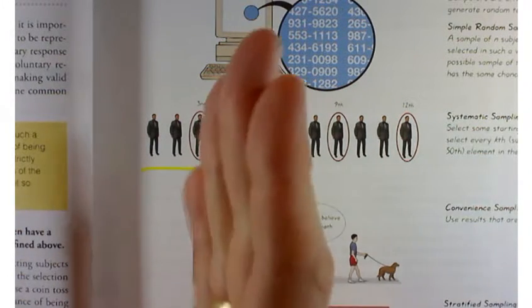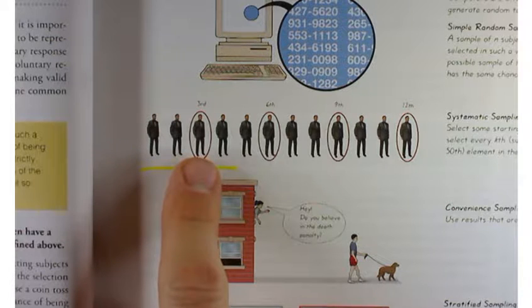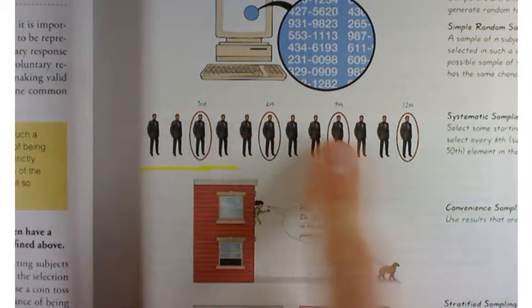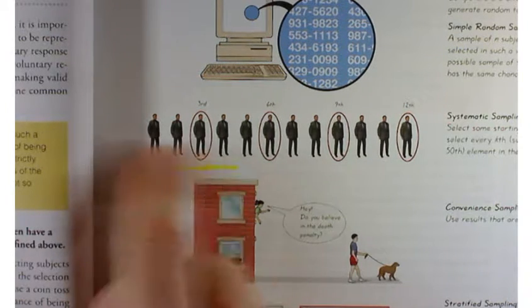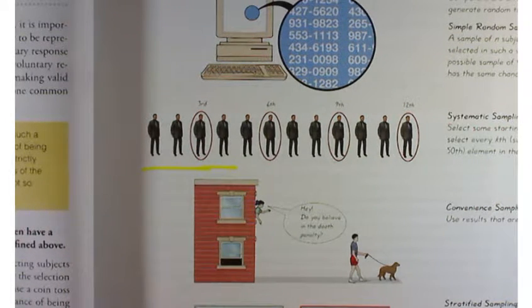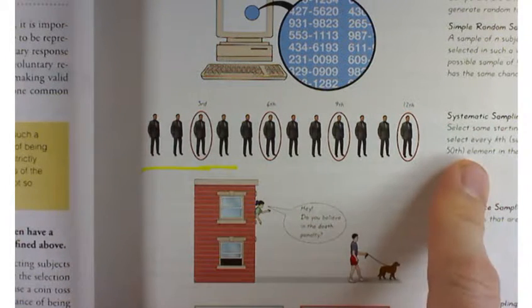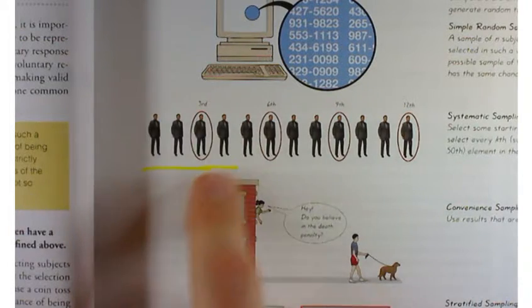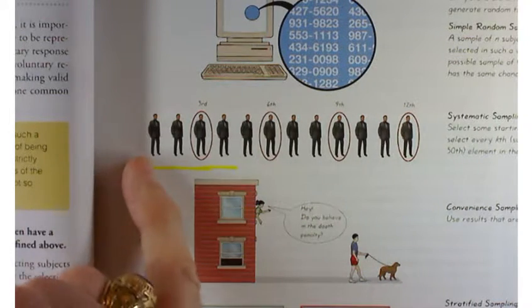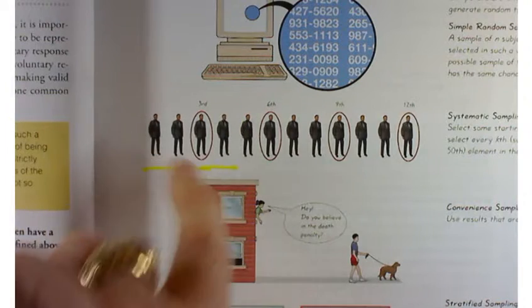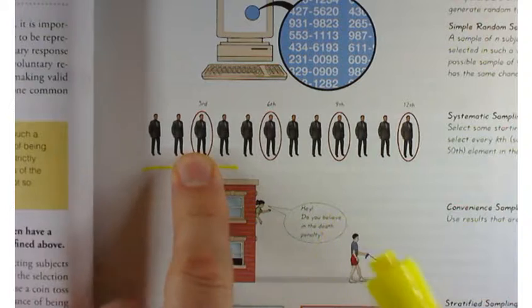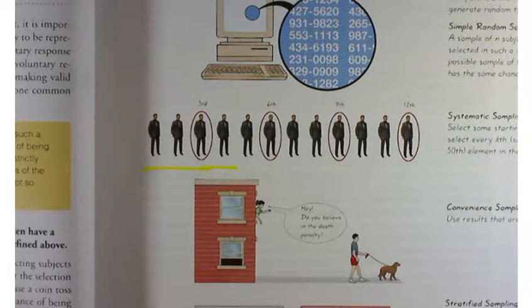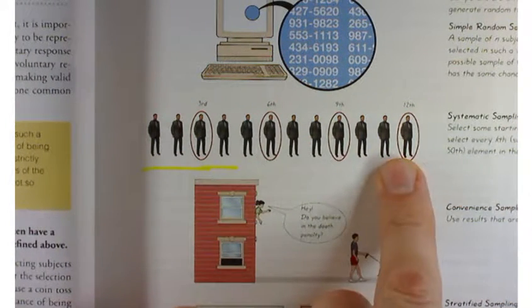Now, if you're doing a systematic random sample in which you take the third person every time, there's no way that you could get all 4 of these guys as part of your sample because they're not spaced apart that way. So this couldn't give you a simple random sample, because this group would have no chance of being in there. Every group of size 4 has to have an equal chance of being in your sample. So you're not going to get that here.